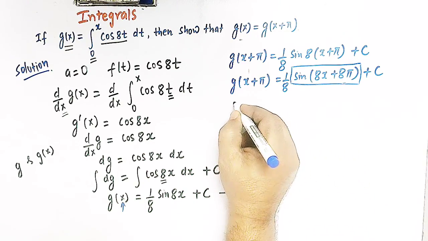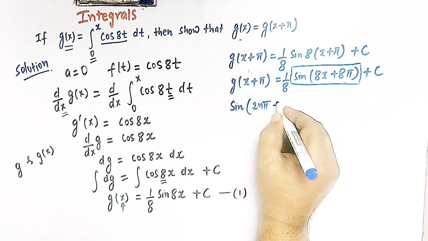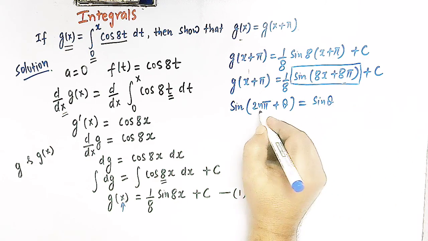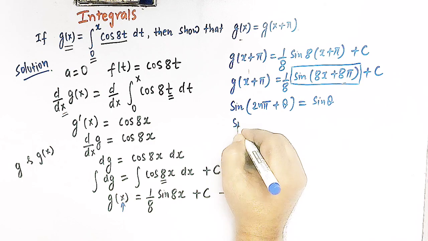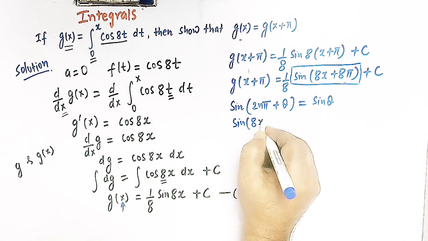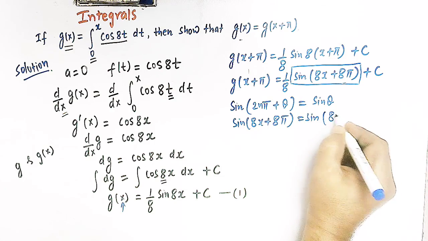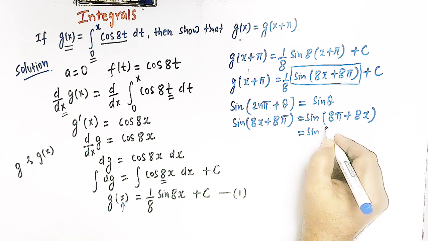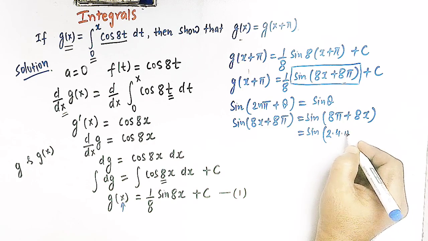So now from trigonometry, we know that sine of 2n pi plus theta is given by sine theta, where n is some integer, right? So here we can now write this expression, that is sine 8x plus 8 pi, as sine of 8 pi plus 8x, right? So we can now write 8 pi as 2 times 4 times pi, right?